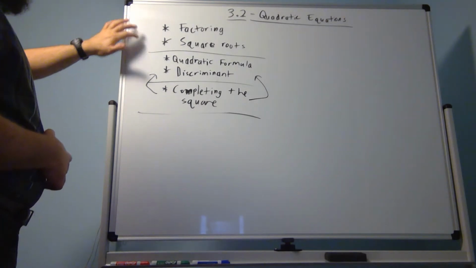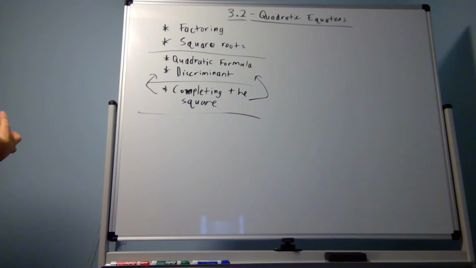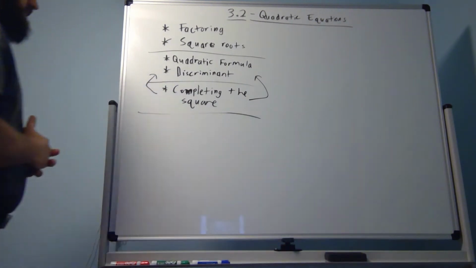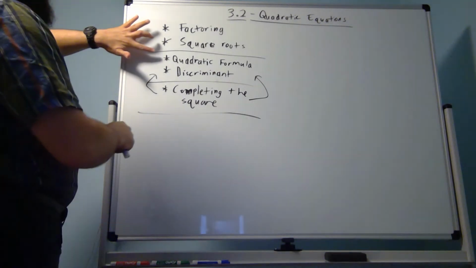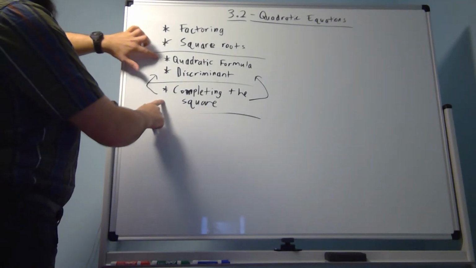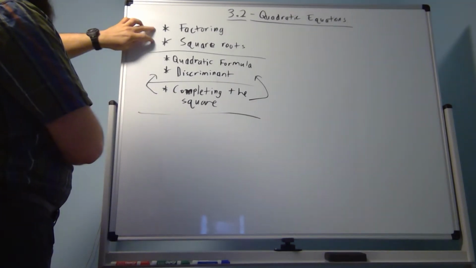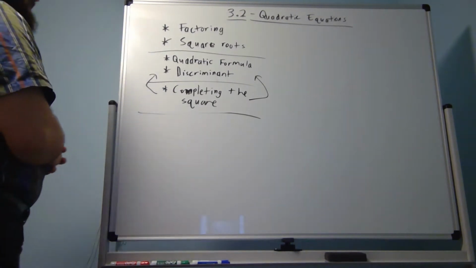These two are probably pretty familiar. So you're probably pretty comfortable with that already, but I might as well split this into two as well. So we have like 4 different methods. 2 of them always work on any quadratic equation. 2 of them are just only for special ones.